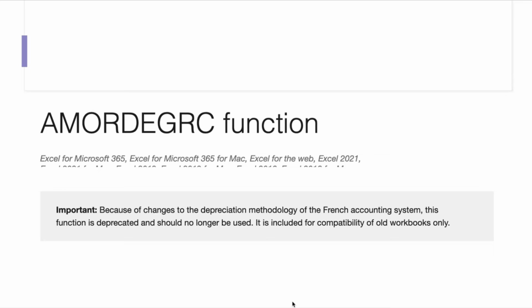They are telling that this function is not valid because the depreciation methodology of the French accounting system has changed. Still, it is there. You can even find this formula in Office 365, but they say this function is deprecated. Let's learn this formula in detail.